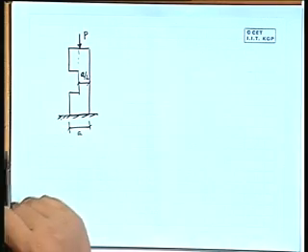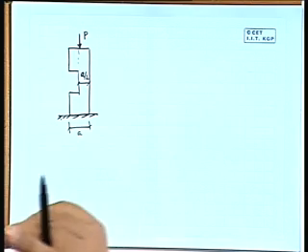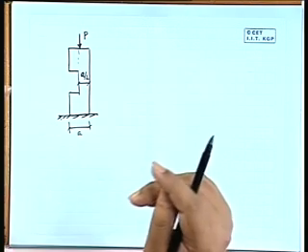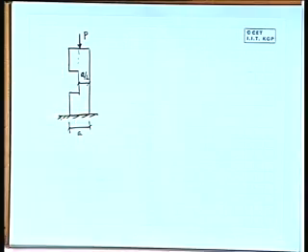Say there is a section, it has a square cross section initially.